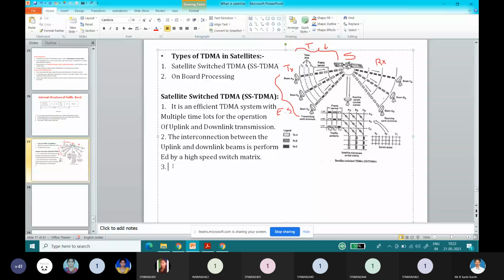Okay, so it provides a full interconnection of TDMA signals.